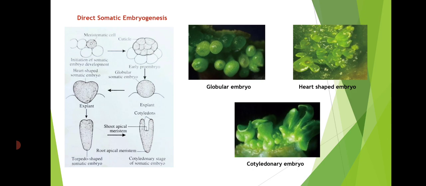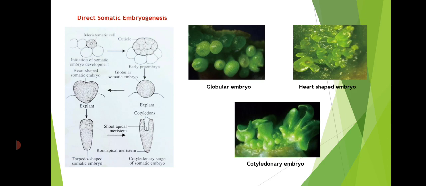In direct somatic embryogenesis, somatic embryos develop directly either from single cells or from small groups of cells of the explant without an intervening callus stage. So there we should use the tissues which we studied in the previous slides. That tissue, if used for somatic embryogenesis, may develop directly.